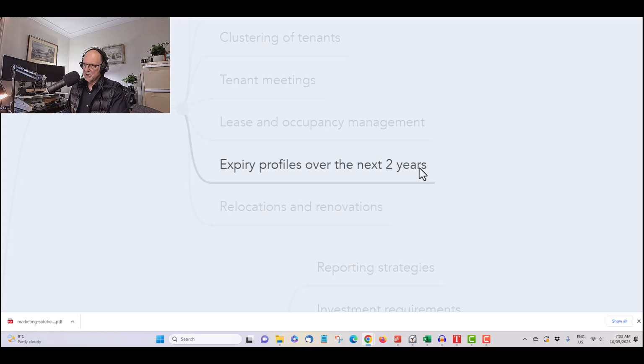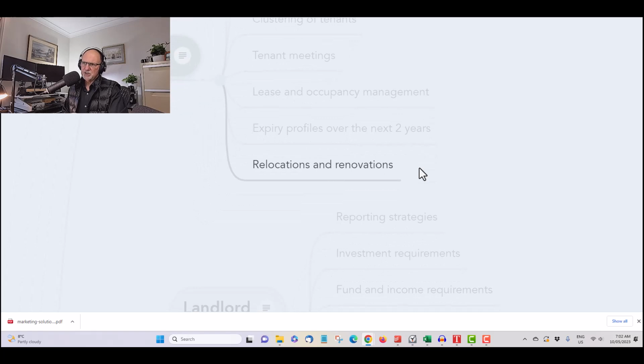So the last point in this particular group is relocations and renovations. Now, a retail property is a very vibrant type of property from a business investment perspective. To keep the rents at a level of market activity or comparison, you have to make sure that the property is attractive to customers so they come there and buy things.